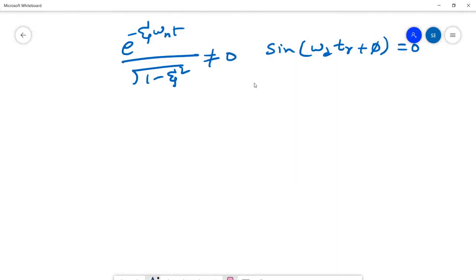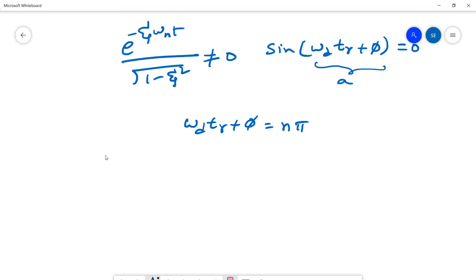Now, we have the sine of something, sine of a, equal to 0. At what values of a will the sine function become 0? Sine becomes 0 for pi, 2 pi, 3 pi, and so on up to n pi. So omega d TR plus phi is equal to n pi, because for any value of n the function will become 0.